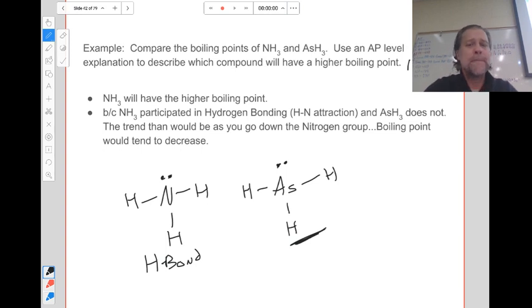Potentially dipole-dipole? At the least it would be London. Right. So this would be dipole-dipole because it'd be pulling towards the arsenic. So then as you go down, it's going to be dipole-dipole, right? But they're becoming bigger molecules. As a result of them becoming bigger molecules, there's a possibility that there might be some repulsion. Okay. Does that make sense?